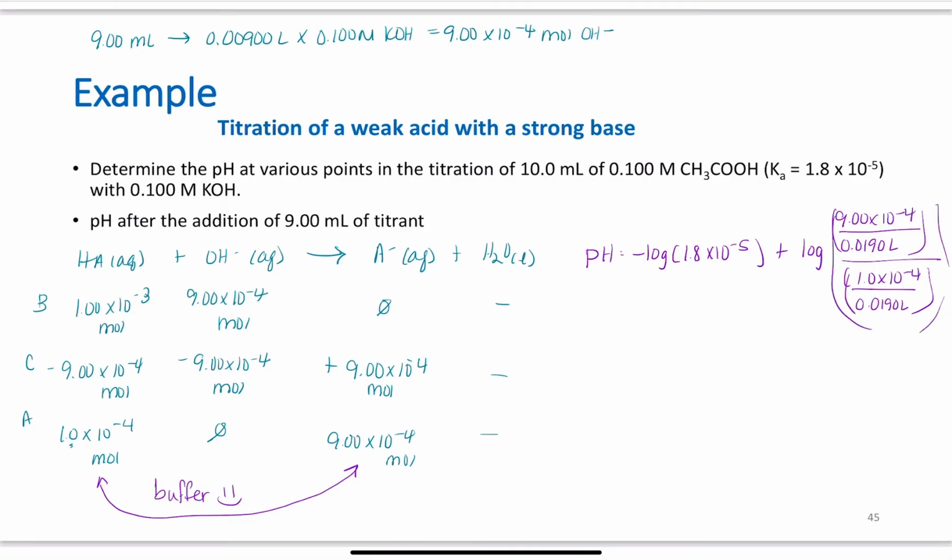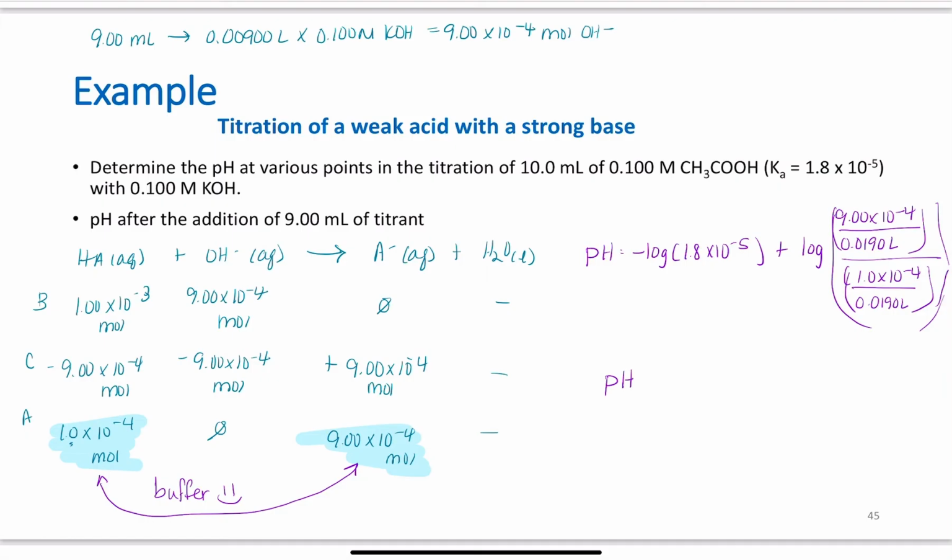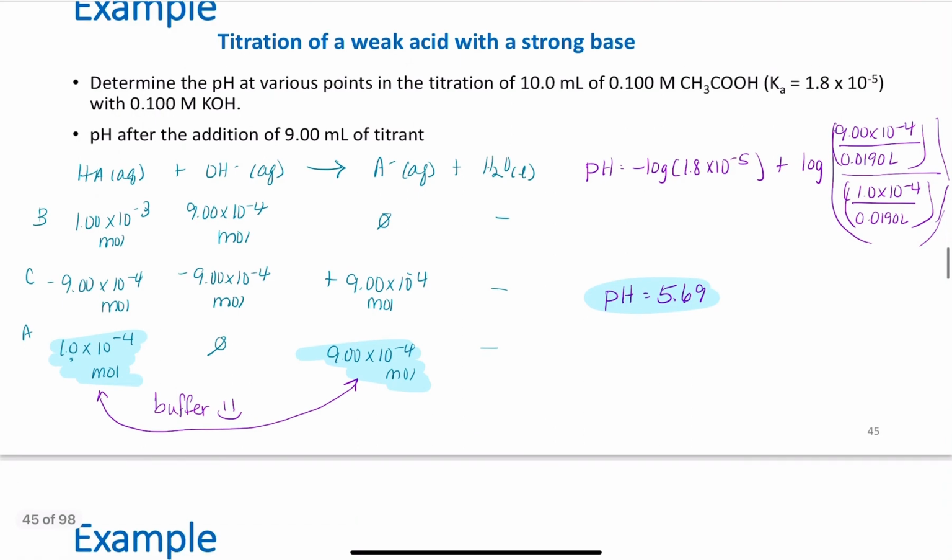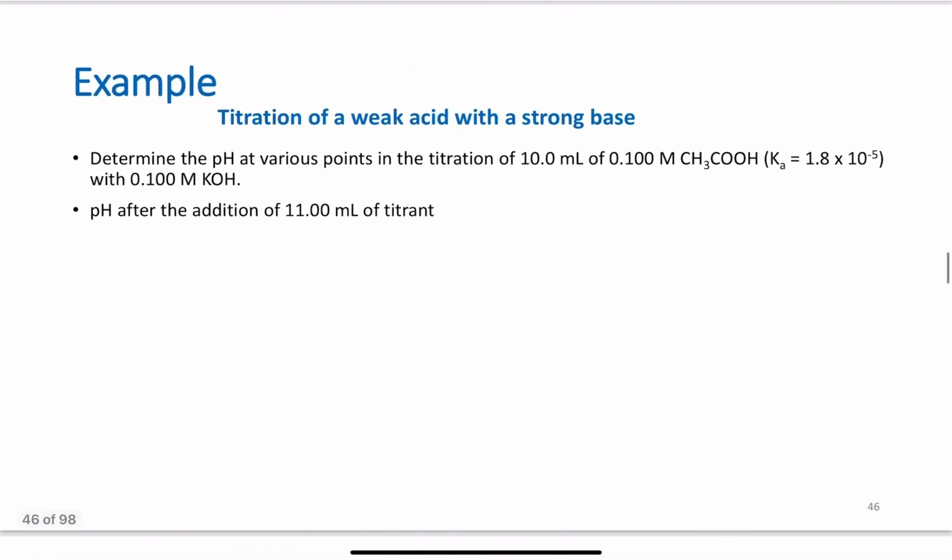I have had students ask me, when is it appropriate to use Henderson-Hasselbalch? They do not need to be the same volume of, or same number of moles of acid and its conjugate base, but they must both be present. If they're both present, it is appropriate to use. pH here, 5.69. And we're almost done. One more, and then we can go ahead and just summarize our findings.